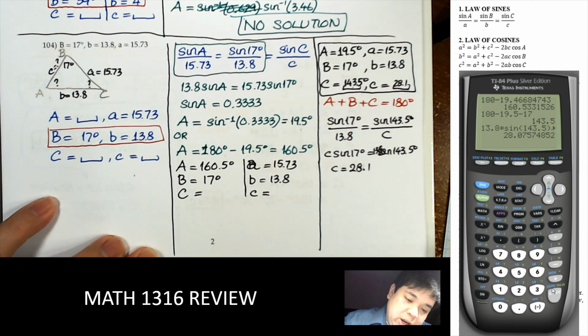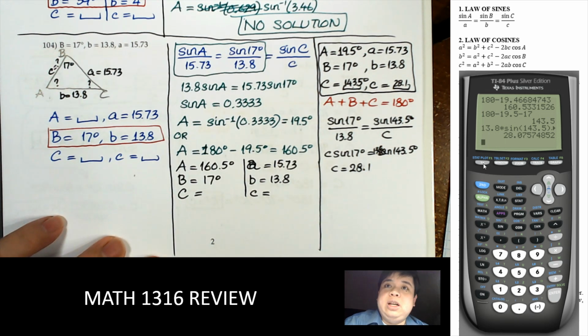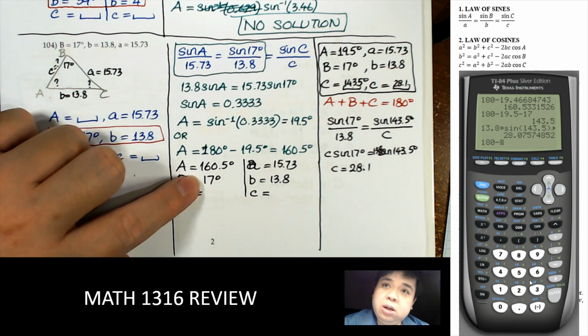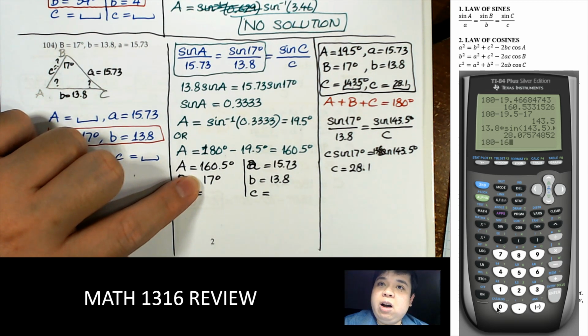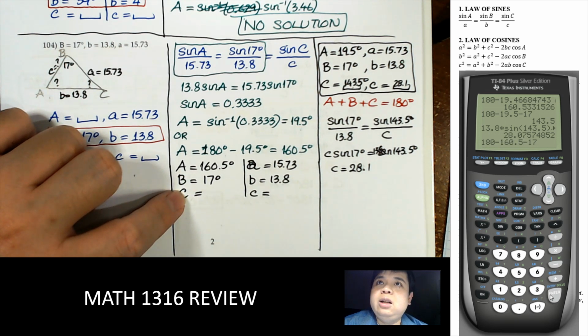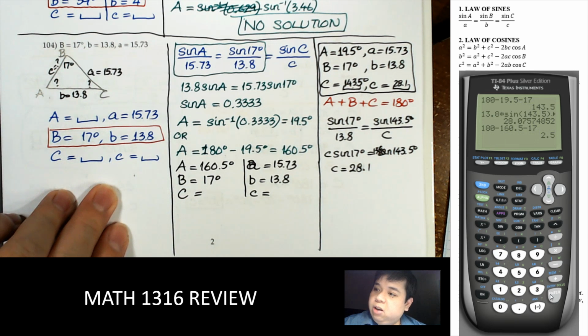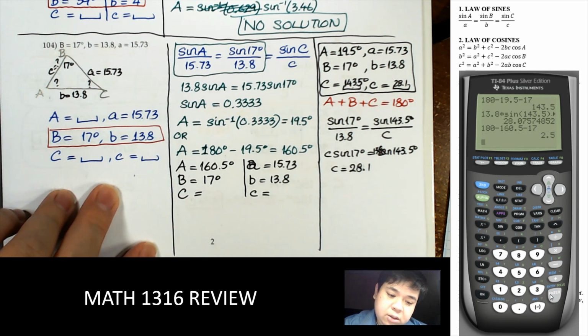Right. So A plus B plus C, so subtract from 180. Now this will be easy. Now 180 minus 160.5 minus 17, 2.5 degrees.